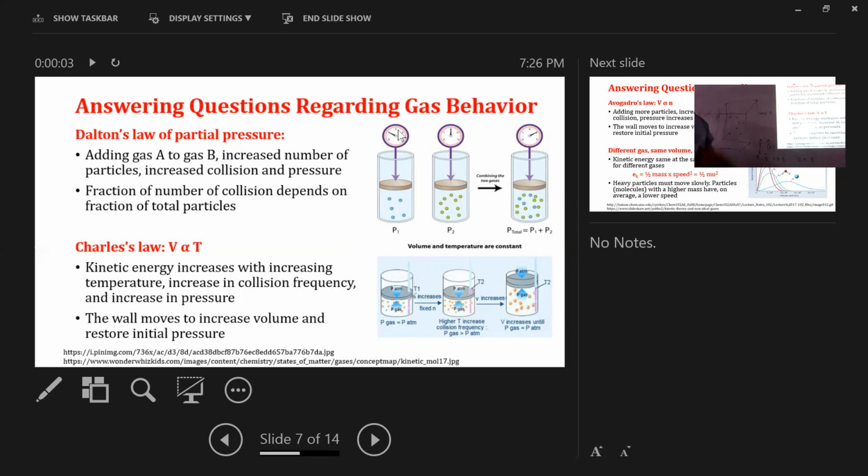Therefore, the number of collisions will be more, therefore the pressure will be high. So now these 5 molecules also remain in this container, so it will have a certain portion of the pressure.